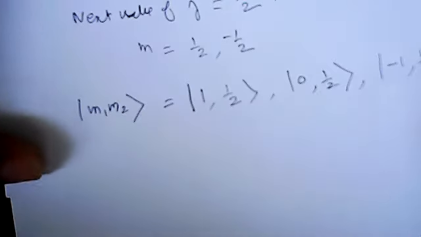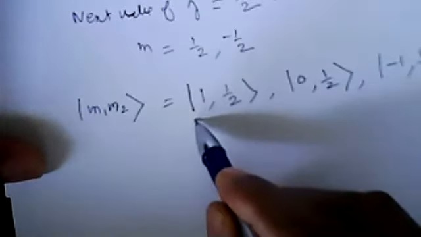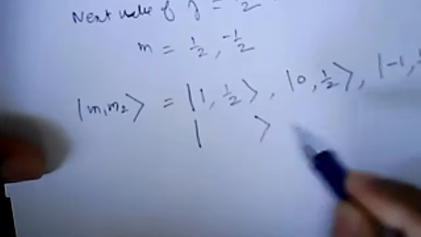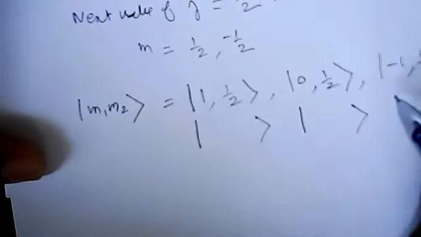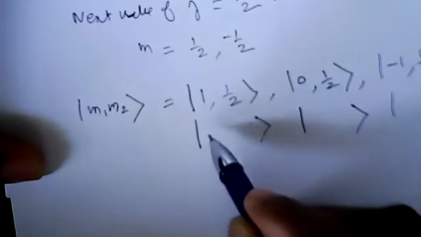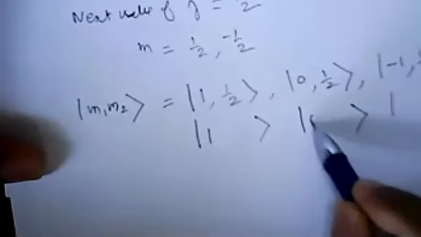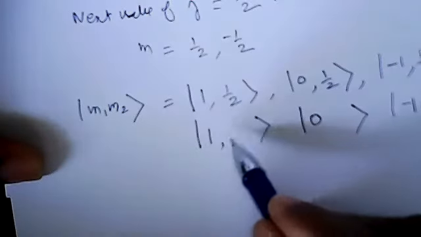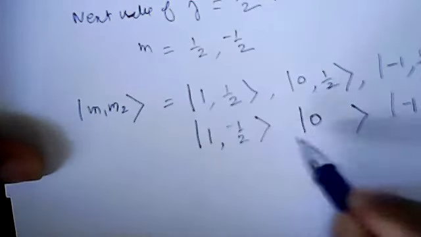These are 3 states. Now next is 3 states again. 1, 0, minus 1, with minus half each.